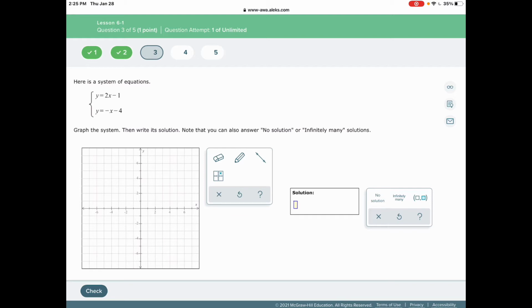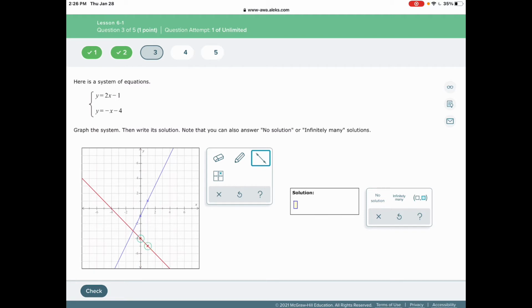In number 3, I need to graph the system and then write the solution. So for y equals 2x minus 1, the y-intercept is -1. And then I'm going to rise over run, 2 over 1 is the slope, up 2 over 1. There's my first line. For the second one, the y-intercept is -4. The slope is -1, so I'm going to go down 1 and over 1 to get the second line.